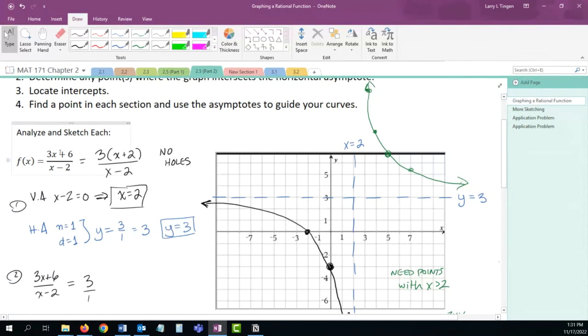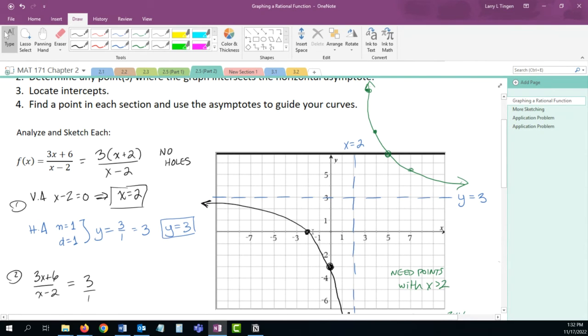This is negative when x is to the left of -2 and positive when it is to the right. So this is why, as x gets more and more negative, I have a negative over a negative, which results in a positive y value.